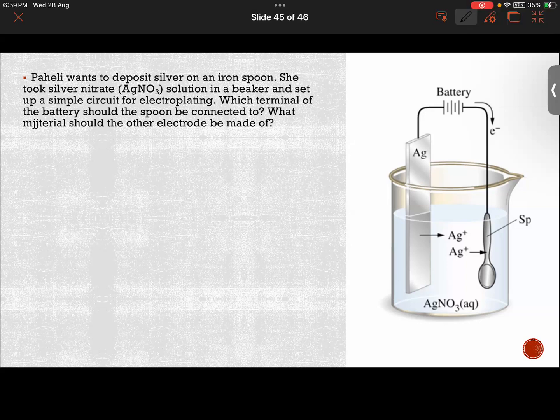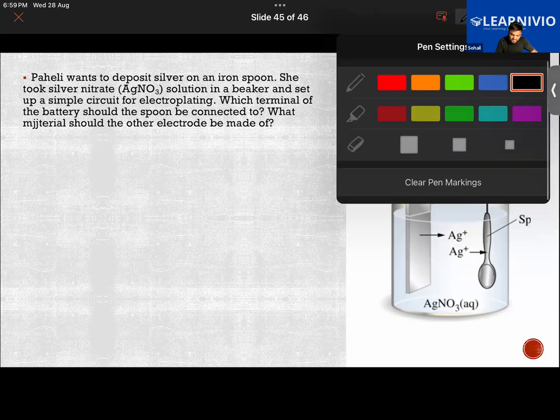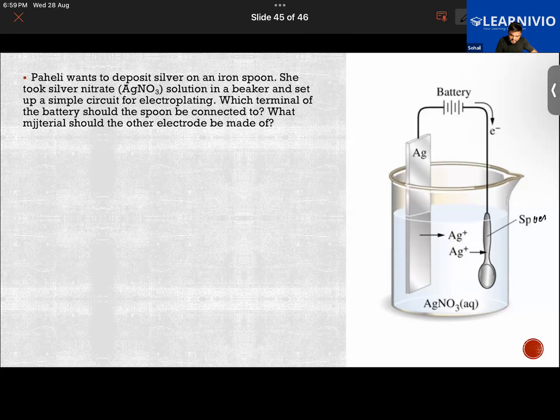There seems to be some issue with my camera today. It's working now. You didn't understand the question. My question was why silver would be attracted towards the iron spoon.